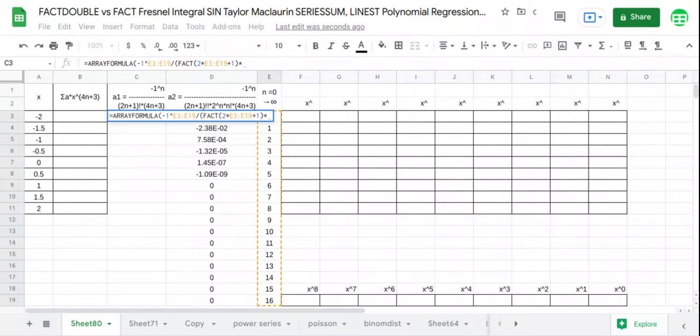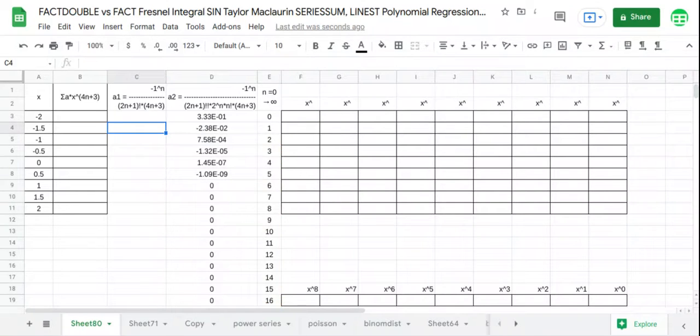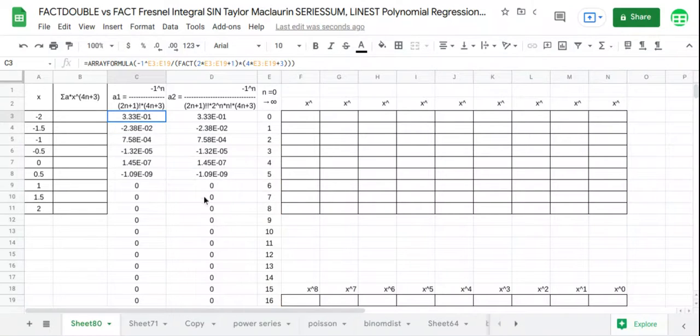The second part is 4n plus 3, so the quantity 4 times n plus 3. Then enter. Their values are exactly the same.